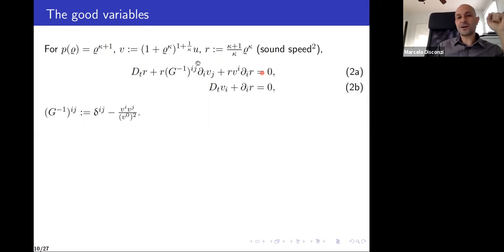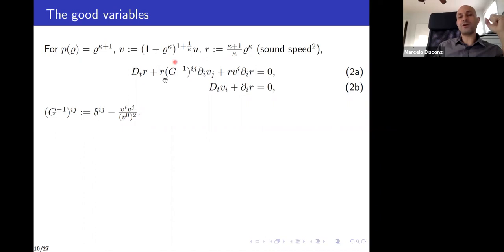And then in this case, the equations take this simple looking form, where this capital G that appears when you write down the equations is given by this quantity. Because of the normalization condition, that u squared is -1, while v0 squared is going to be something else, this turns out to be positive definite.